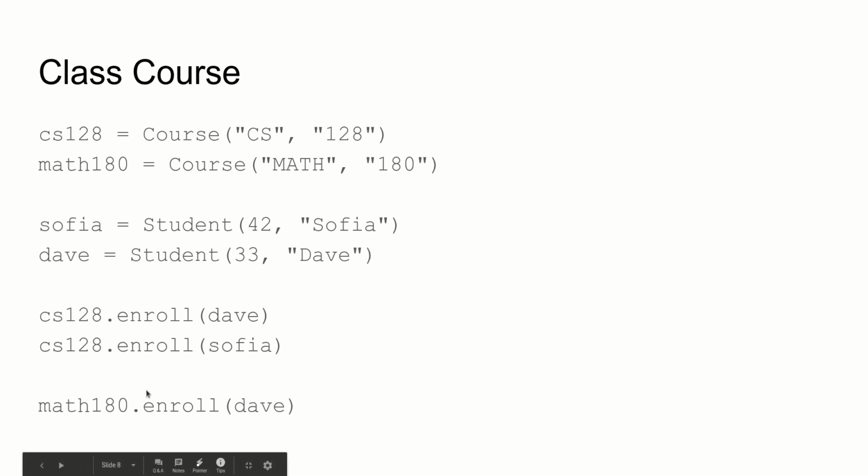Then we enroll Dave in Math 180. And so the Math 180 roster is a list containing only one student, just Dave. If we printed out the rosters for CS 128, we would see both Dave and Sophia. And if we printed out the Math 180 roster, we would see that only Dave was in that roster.